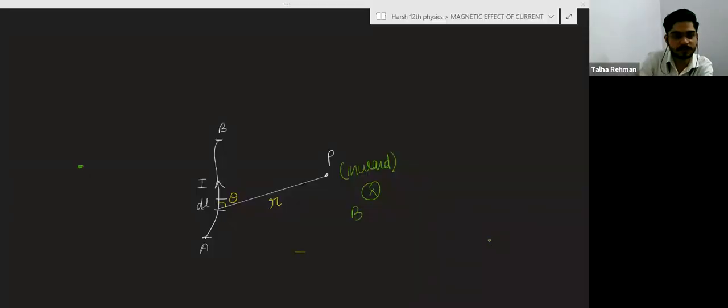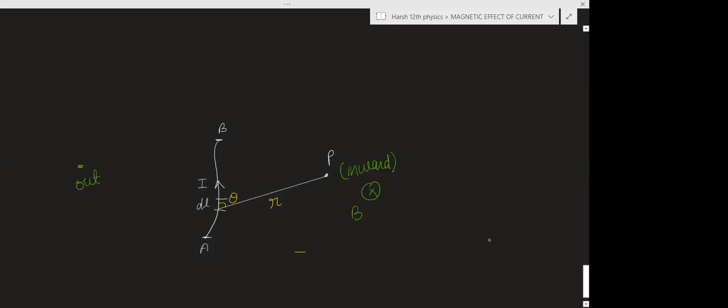You point your thumb in the direction of the current, point your finger towards the point where you want to find the magnetic field, and curl your finger 90 degrees. What direction am I getting? It is outwards, towards the observer, towards me, or out of the screen. So in this way you can find the direction of the magnetic field. Here the direction will be outwards.